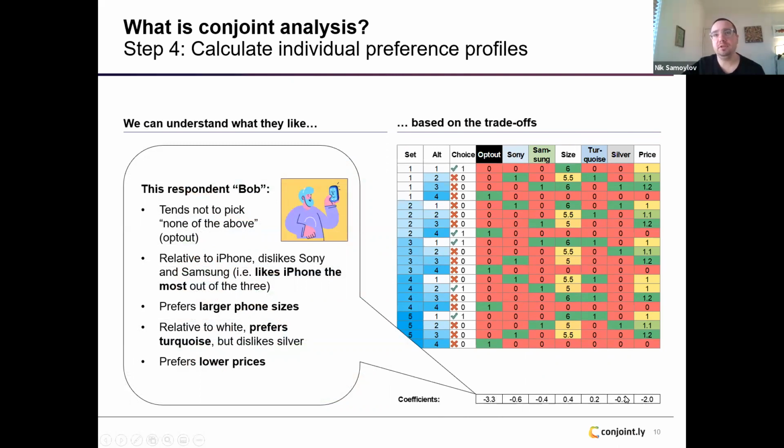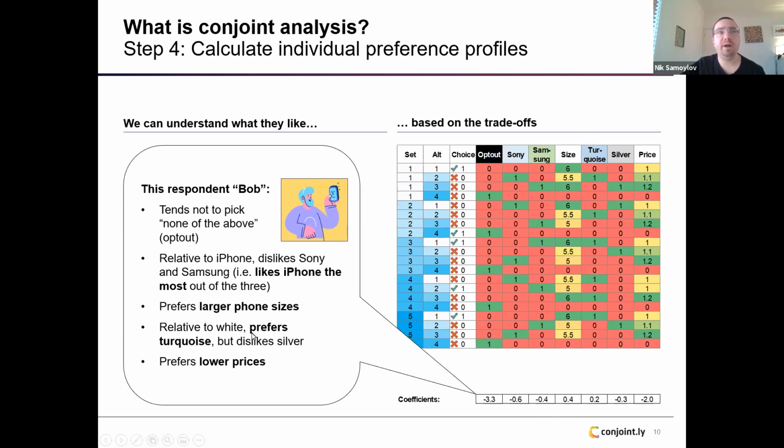From these coefficients, we can say that first, the respondent tends not to pick none of the above. So it's a large negative coefficient. Relative to iPhone, which is not present here, so that's the baseline or what we set as benchmark, they dislike Sony and Samsung as well because both coefficients are negative. They tend to prefer larger sizes because the coefficient for size is positive.